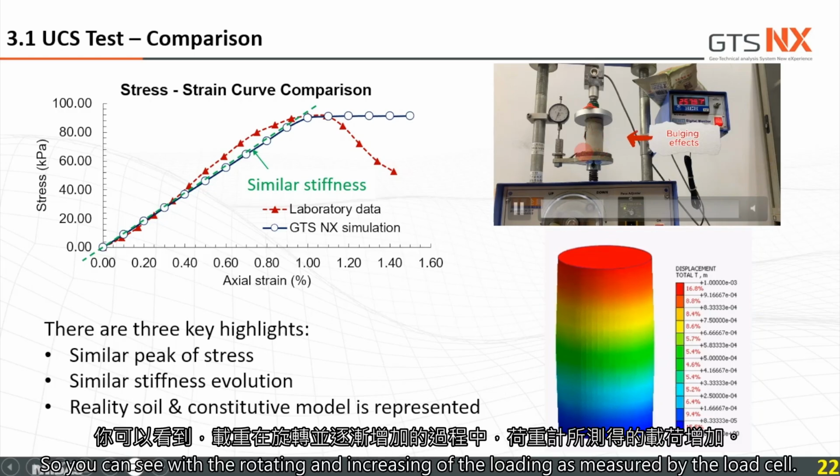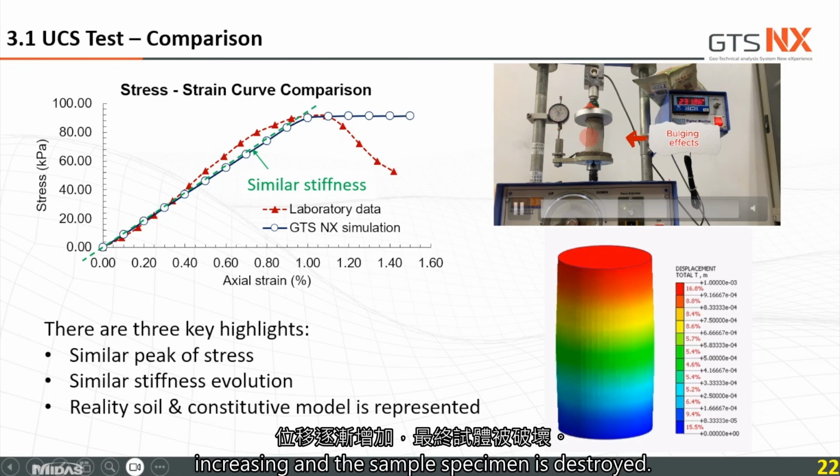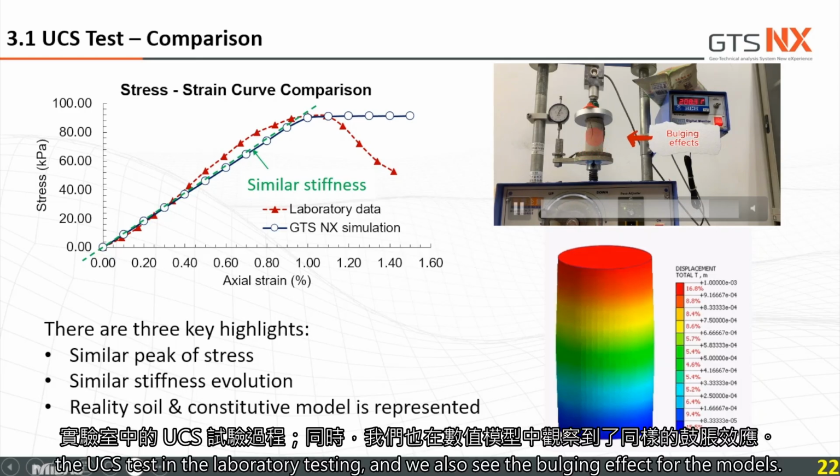So you can see the rotating and increasing of the loading as measured by the load cell. We can see the bulging effect to the two sides and the displacement increasing, and the specimen is destroyed, and that is the UCS test in the laboratory testing.